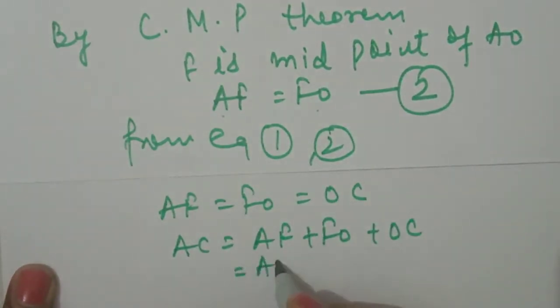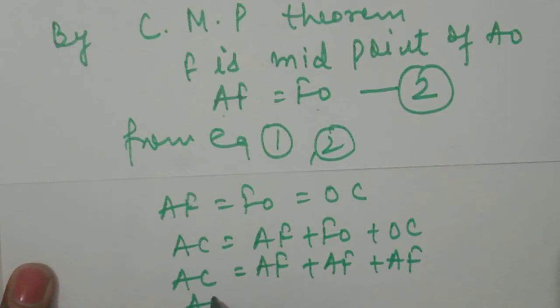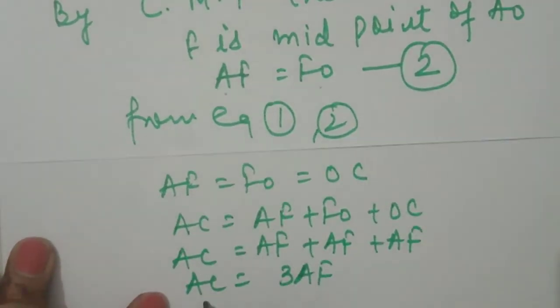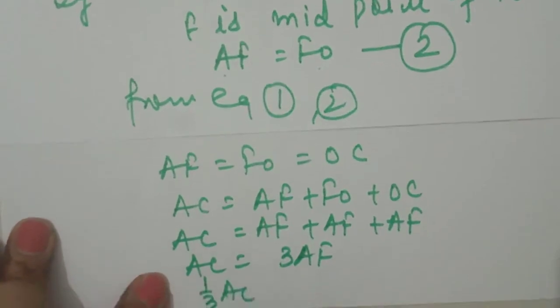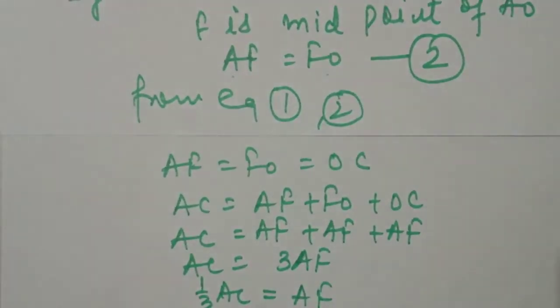We can replace with AF, AF and AF. So AC is equal to 3 times AF, and 1/3 of AC is equal to AF. So students, this is your fourth question's result.